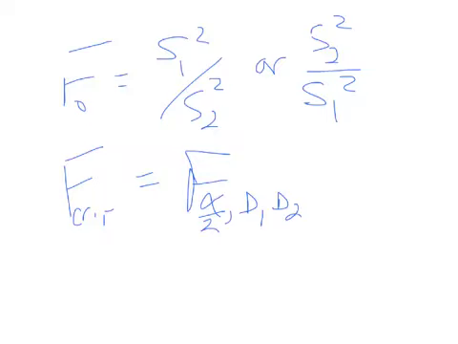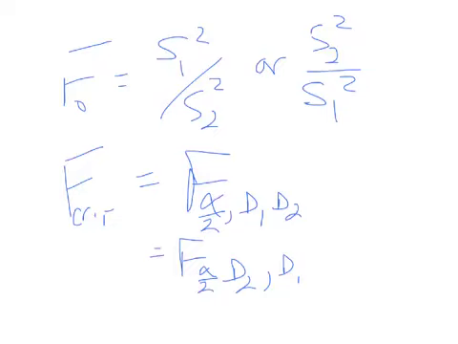And that's assuming, of course, that what's in the numerator is the sample variance from population 1. If it is the other way around, where the larger one comes from population 2, then we would simply make our critical value F alpha over 2, D2, D1. So the degrees of freedom associated with sample 2 would be the numerator degrees of freedom. The degrees of freedom associated with sample 1 would be the denominator degrees of freedom, sorry.